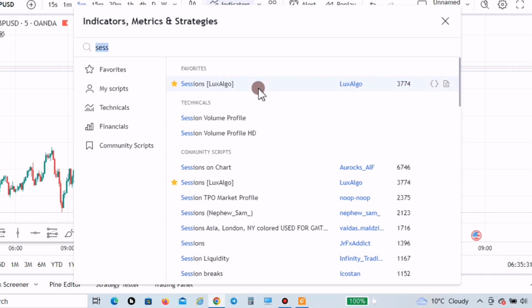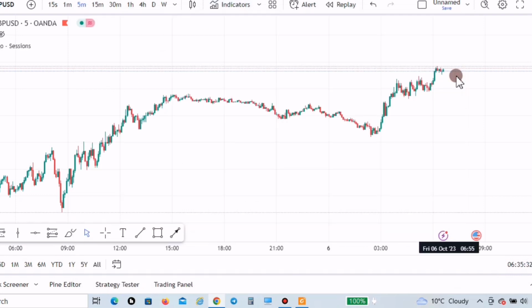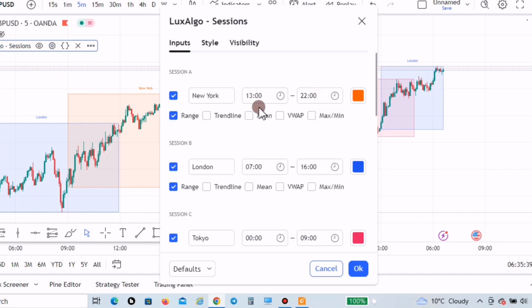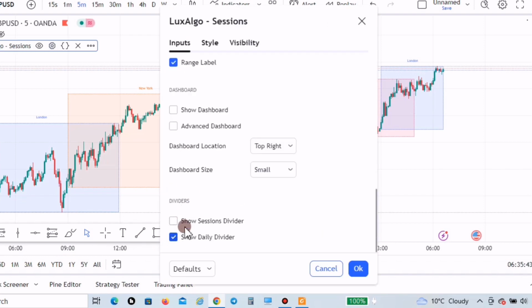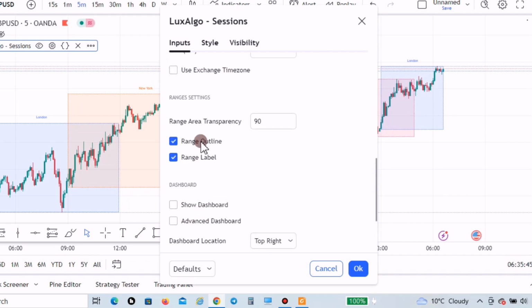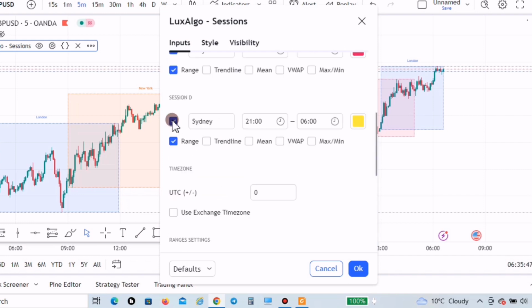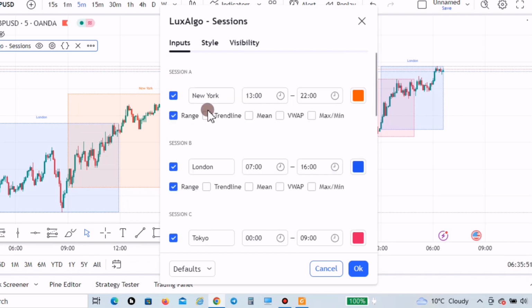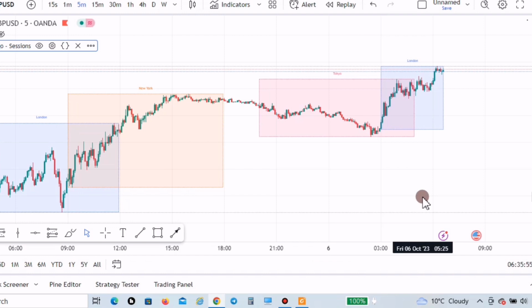Okay, you click there and then you close. This is what you are going to have. Go to the settings of the indicator. Scroll to the very bottom and check the last box, and then let's uncheck the Sydney session. We won't need it. You leave Tokyo, you leave London, you leave New York, you press OK. That's all about setting up the indicator.